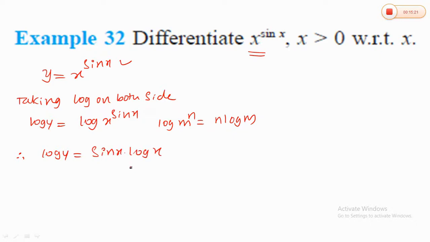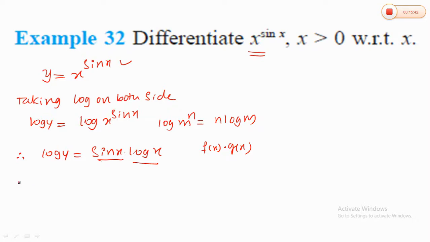Observe here, sin x is one function, log x is another function. So it is in f(x) into g(x) form. That is a product. Sin x is one function, log x is one function. So now to differentiate this we have to apply the product rule.